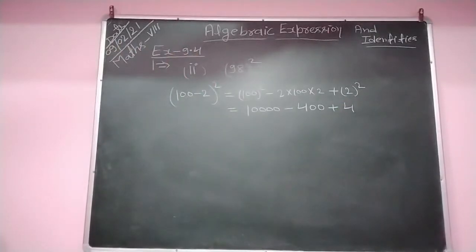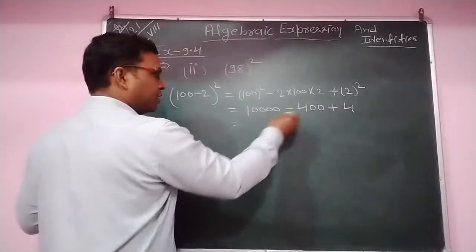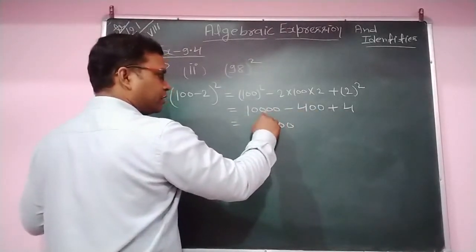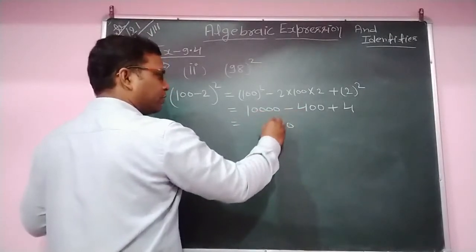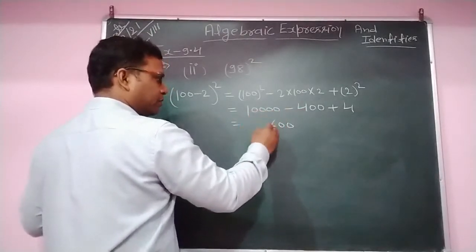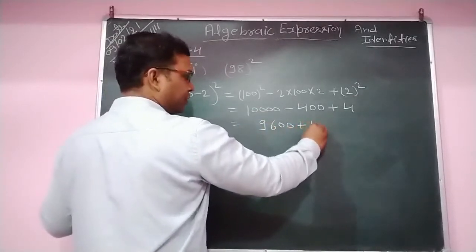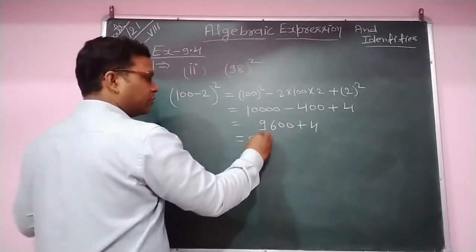This is clear now. So if you subtract them, you get 10,000 minus 400 plus 4, which is equal to 9,604.